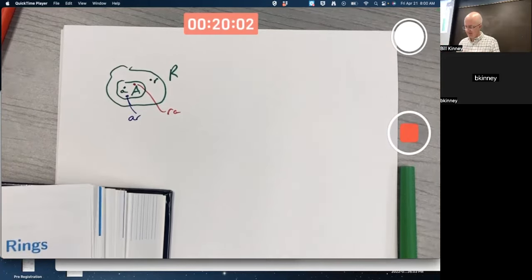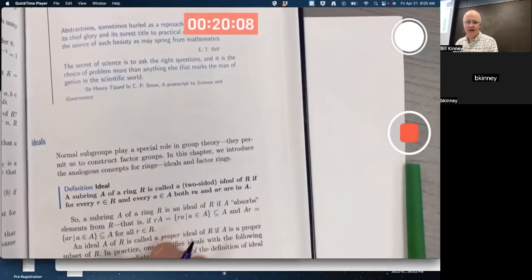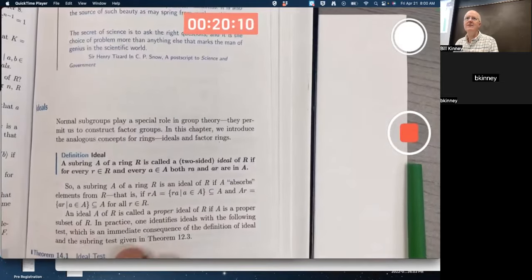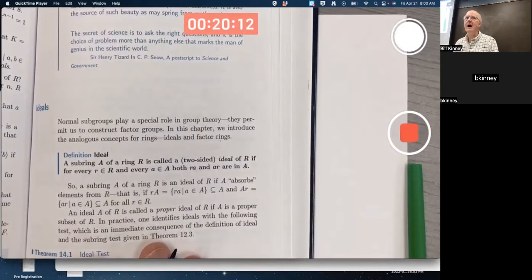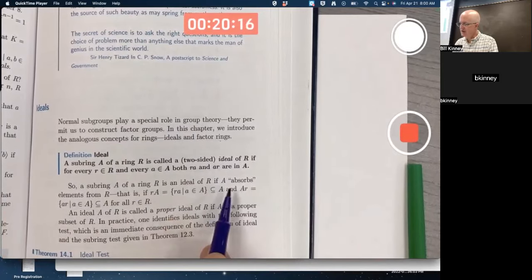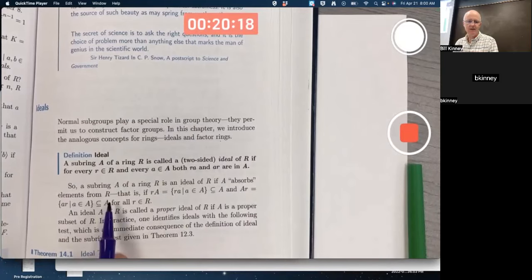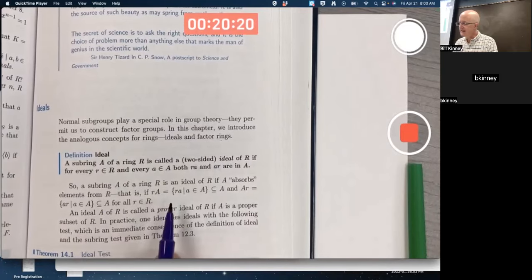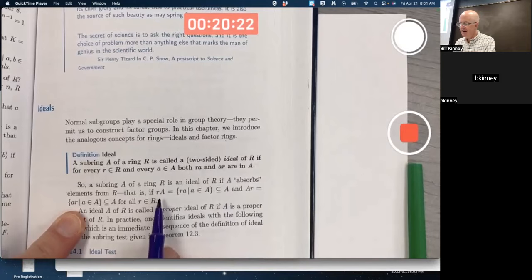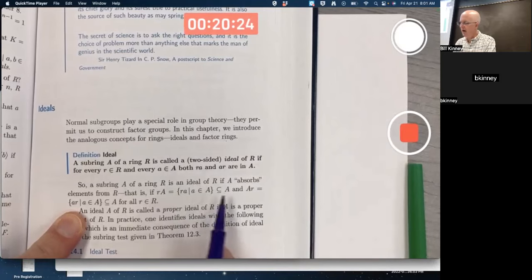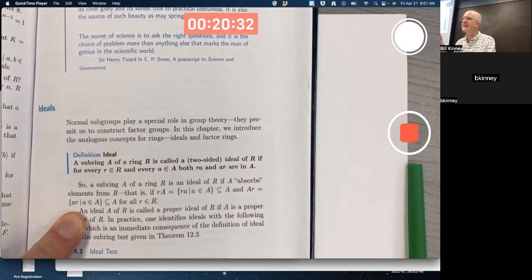Okay, that's the definition of an ideal, a two-sided ideal. We will only talk about two-sided ideals, not one-sided ideals. Capital A absorbs elements from capital R. If you define these sets, rA or Ar, which kind of look like cosets, don't they? Though they're not in ring theory. We're going to write ring cosets in ring theory with plus signs.